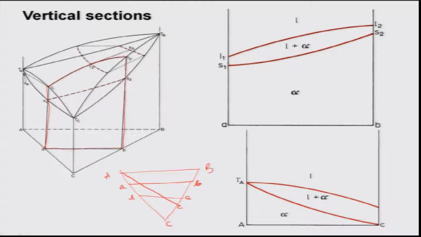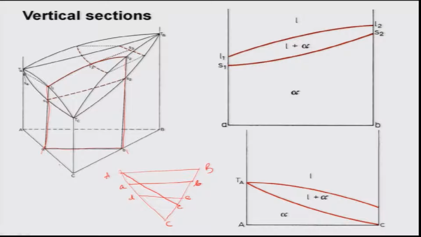Similarly, it also cuts the solid surfaces at S1 and S2. Now, I just plot this section along AB. A is a binary composition along AC and B is a binary composition along BC. So, they are not pure, they are actually alloys, these two points indicate binary alloys.